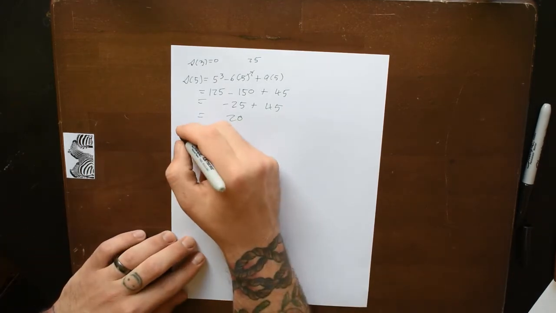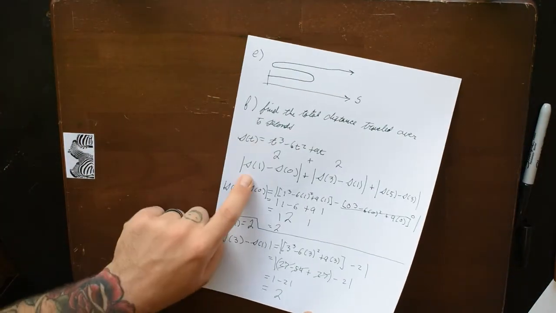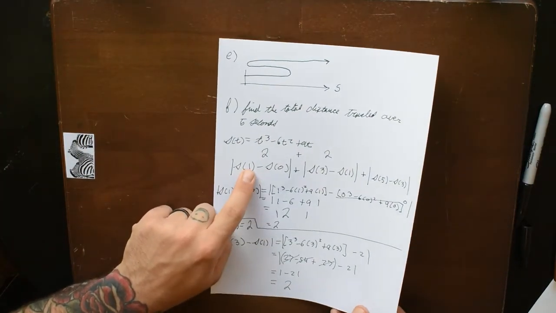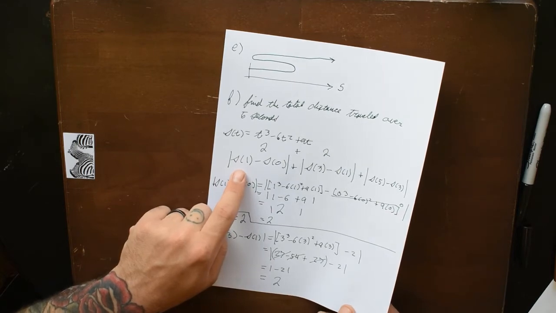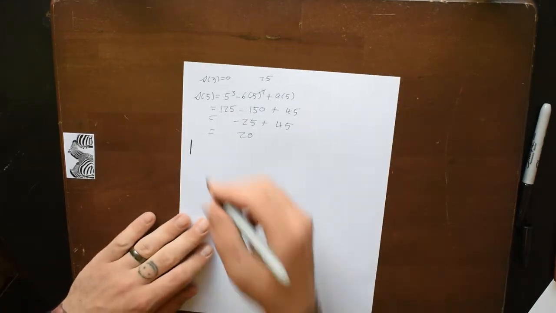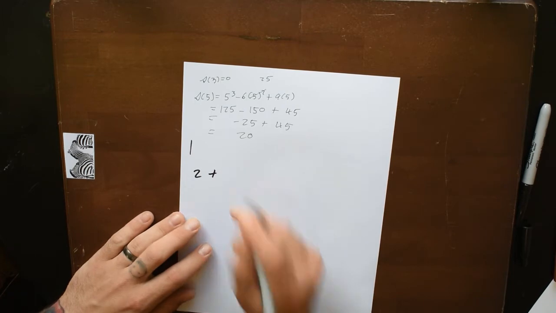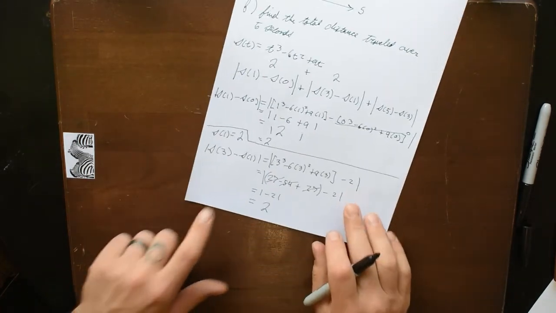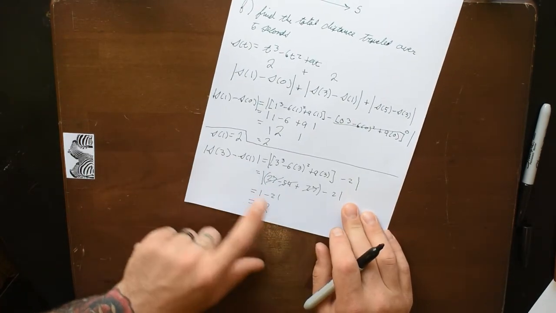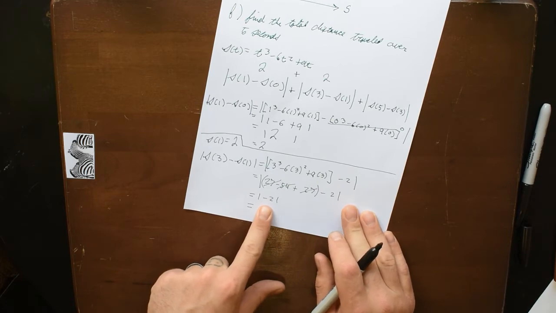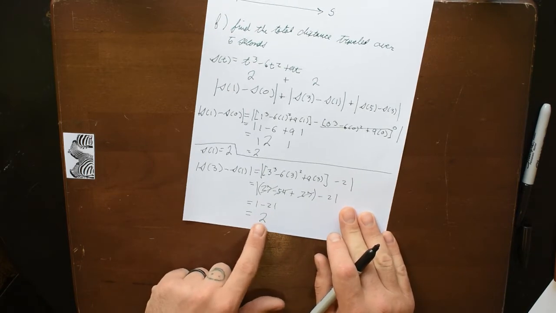So we get the absolute value of S1 from 0, the distance traveled from 1 second back to the beginning was 2, plus, now the distance traveled between 1 second and 3 seconds, it actually went backwards 2, but the total distance was 2.